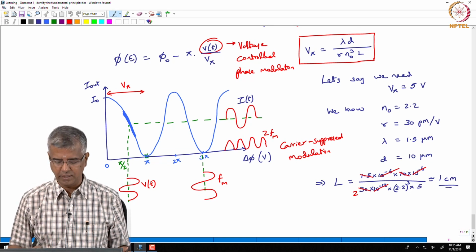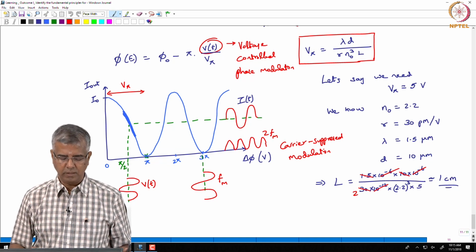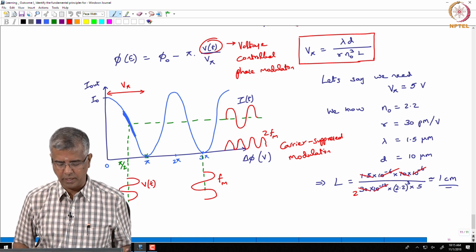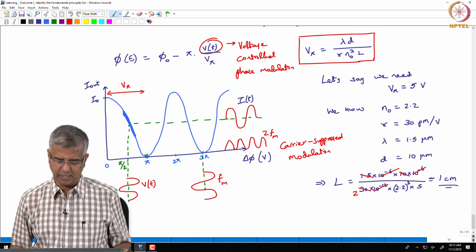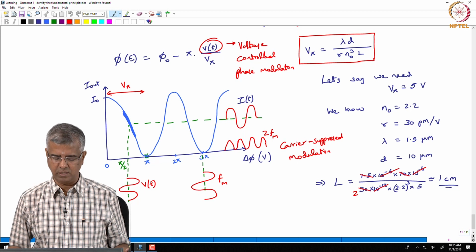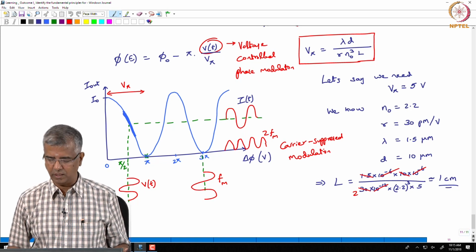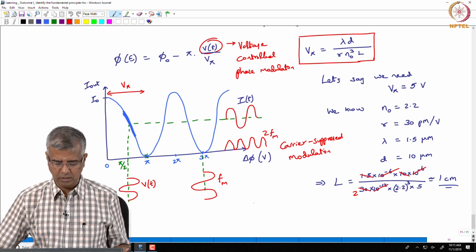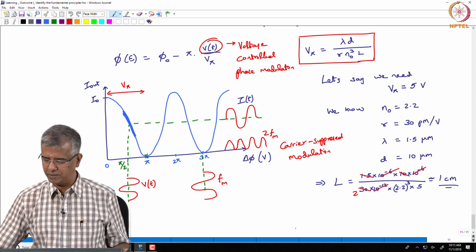So you get a linear response, but there could be applications where you need to suppress the carrier and achieve modulation, in which case you can operate at the null point.